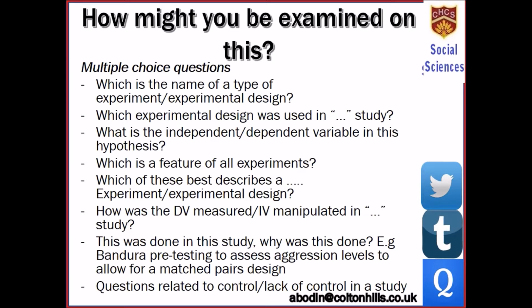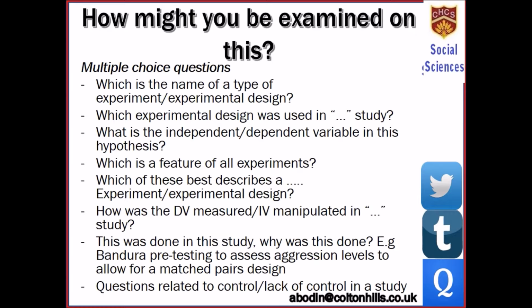So within section A of component 1, paper 1, you could get it cropping up with multiple choice questions. I'm not going to go through each of these, but just so that you've got a bit of a flavour for the kind of question that you could be asked in a multiple choice question. Please be aware that you could also be asked a research methods related question to do with a core study.